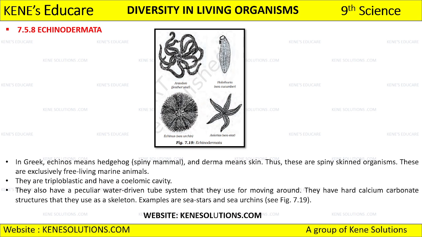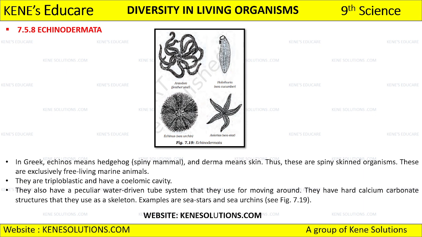In Greek, echinos means hedgehog, which we also know as a spiny mammal, and derma means skin. Thus all the organisms included under Echinodermata are known as spiny skinned animals or spiny skinned organisms.